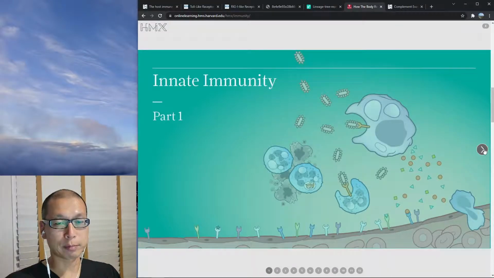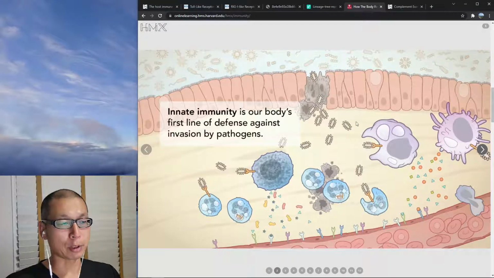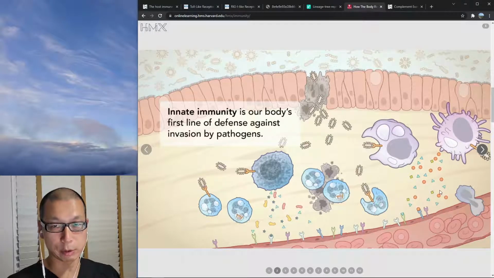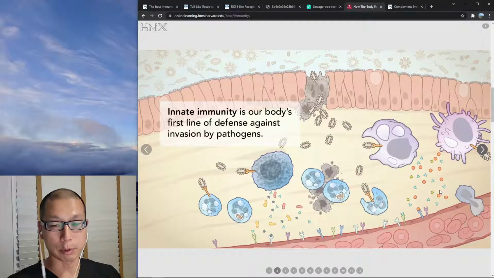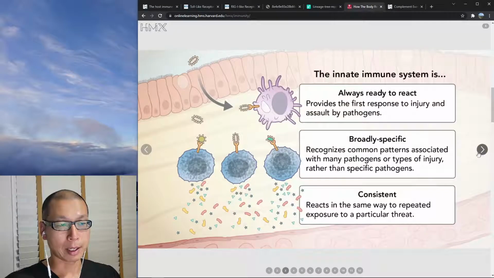So the first part is talking about innate immunity, and this is our first line of defense. When you first get exposed to a virus, the part of your immune system that helps you fight it off immediately at first exposure is the innate immunity system. This system is always ready to react because it's always there.